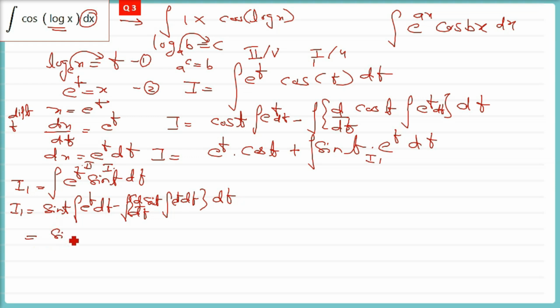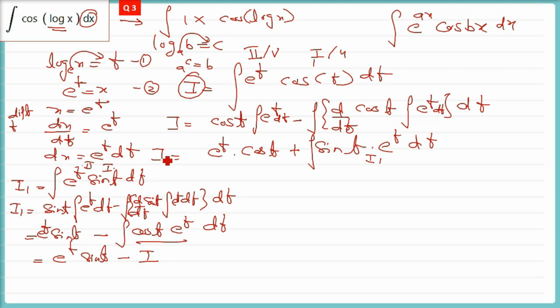So this is sin t, e raised t will be e raised t only, minus d by dt of sin t, which is cos t, and e raised t dt will be e raised t again. Now why did we do this? Because initially, when we did the substitution, we started with I only, which is e raised t cos t dt. So e raised t sin t will remain like this, minus cos t e raised t, which will be I. This is your third equation, I1.